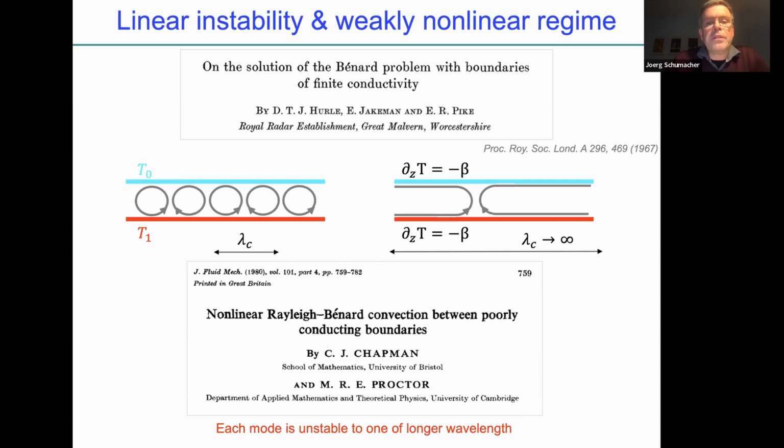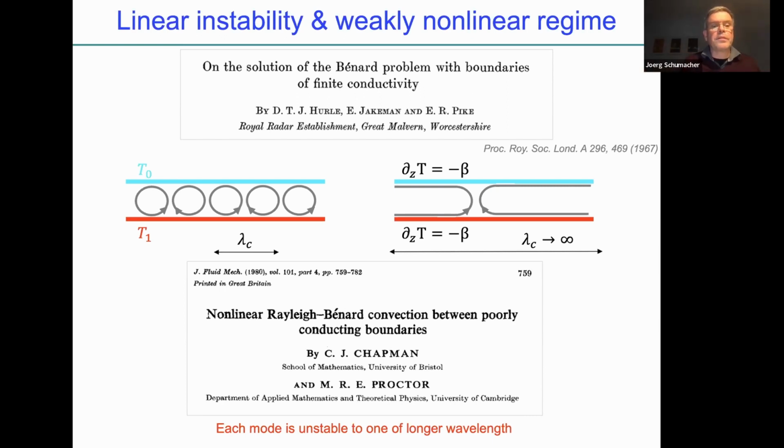And one of the limiting cases is exactly the case with the constant flux, which we prescribe at the top and at the bottom. And you can indeed show in this linear stability analysis that the critical wave number for this limit is 0. That means the critical wavelength of the convection cells tends to infinity.